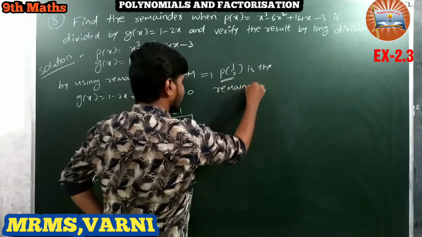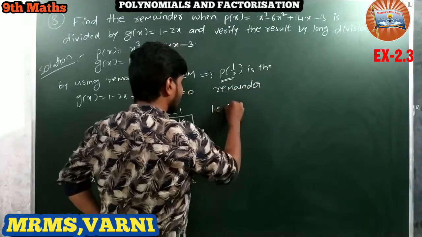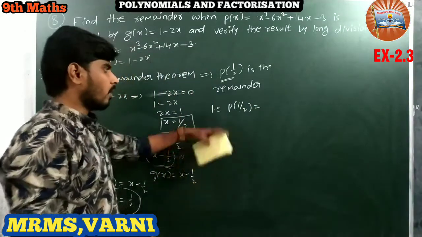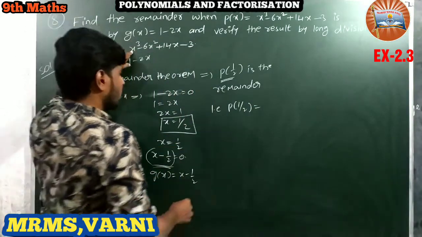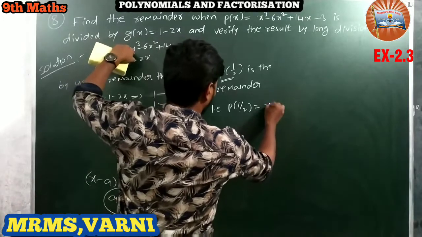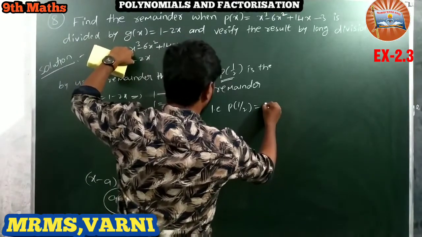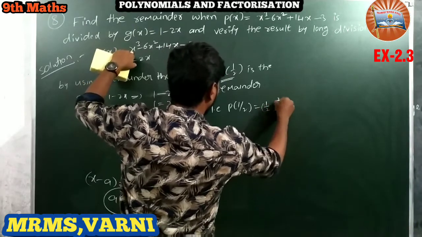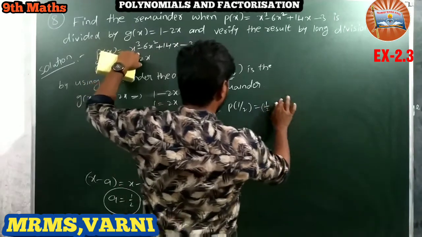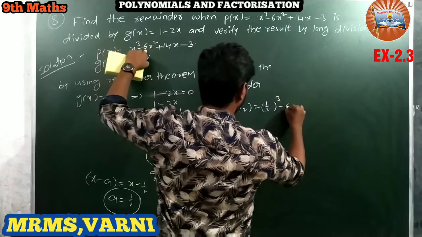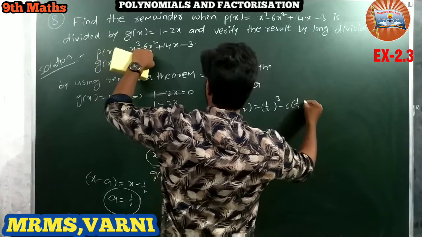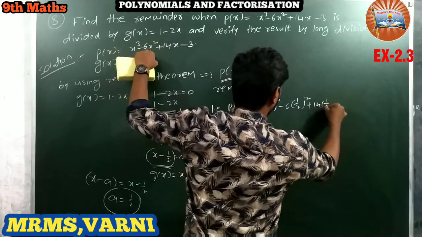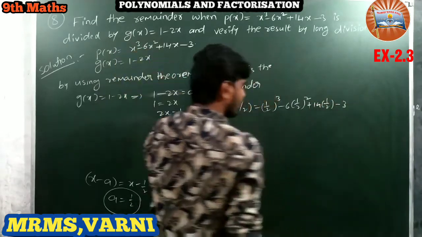That is, p of 1 by 2 is equal to, substitute this: 1 by 2 whole cube minus 6 into 1 by 2 whole square plus 14 into 1 by 2 minus 3.